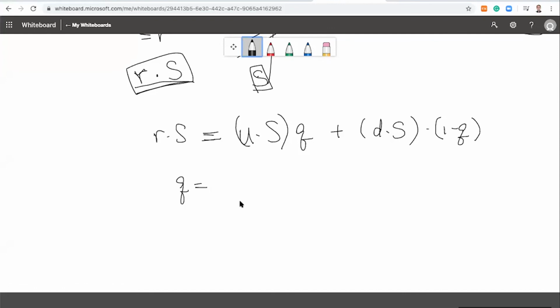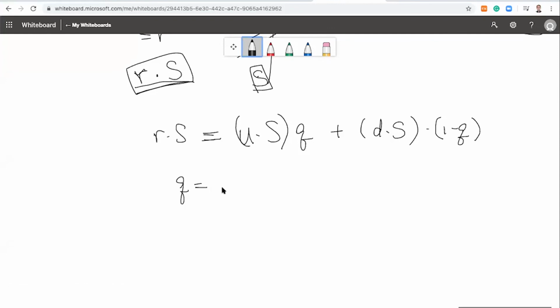We said that Q is a subjective probability, and it depends on each individual person. But for me, this equality does not hold, because even if the expected values are the same, I always prefer the uncertain ones. That's me. I don't know yet whether you agree with me, but the risk neutral guy doesn't care about the variability at all. All he cares about is whether the expected value is the same or not.